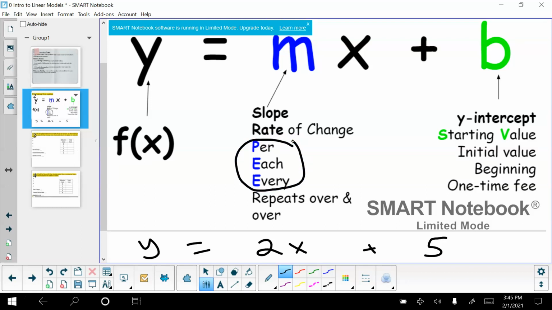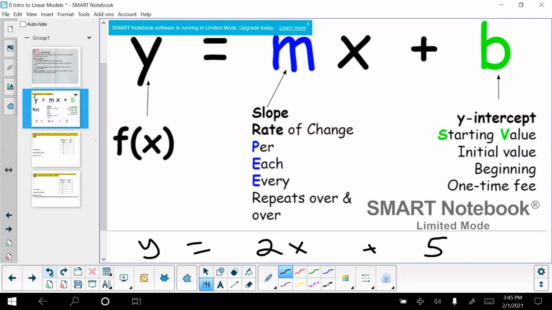Those will indicate the rate word. The other thing with the rate is that it happens and repeats over and over, and we use that in the table because it will either increase our table numbers or decrease our table numbers by the same amount over and over again.